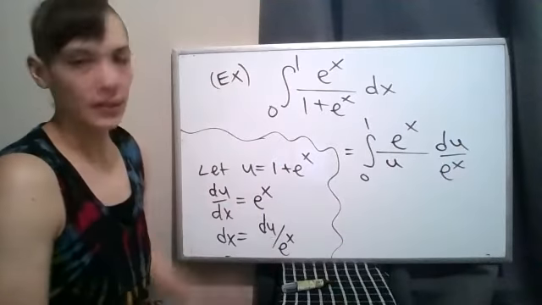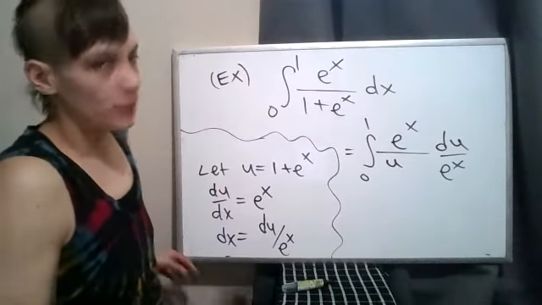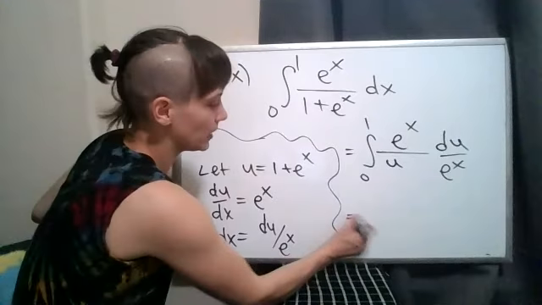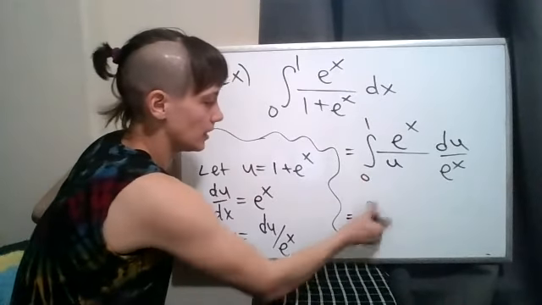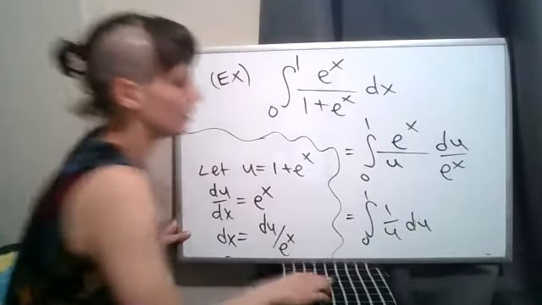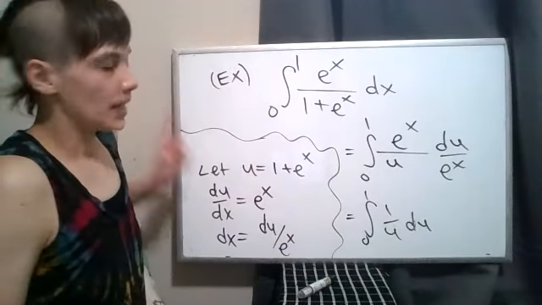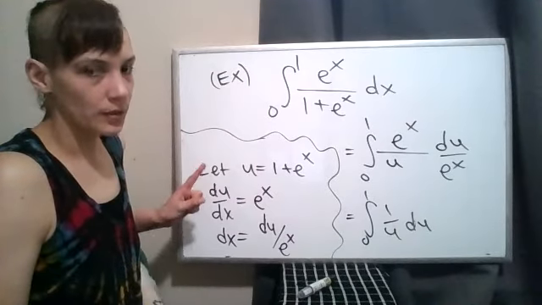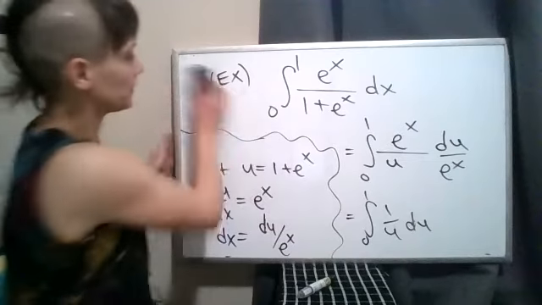Okay, so it's another integral, but this time we're actually going to have to evaluate. So the integral from 0 to 1 of 1 over u du. And that's going to be ln absolute value of u evaluated from 0 to 1.